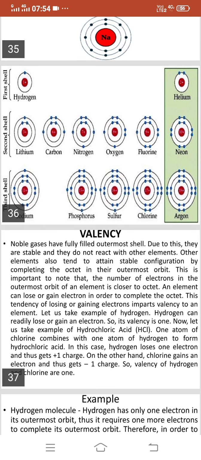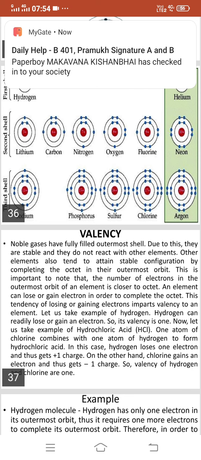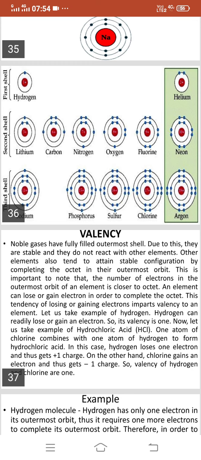Valency. Now the next important concept is valency. Noble gases have a fully filled outermost shell. Due to this, they are stable and they do not react with other elements. Other elements also tend to attain a stable configuration by completing the octet in their outermost orbit.